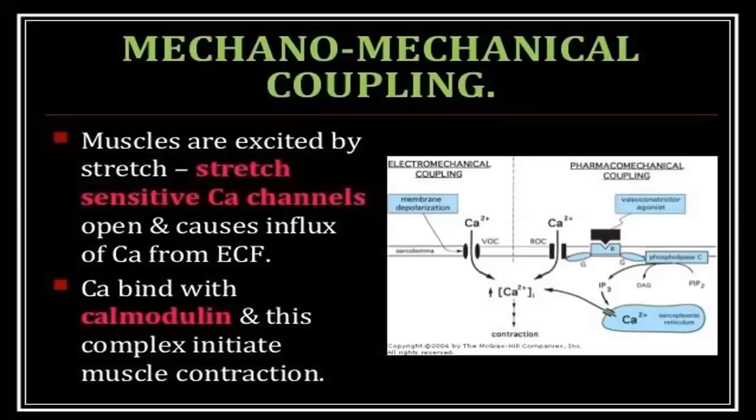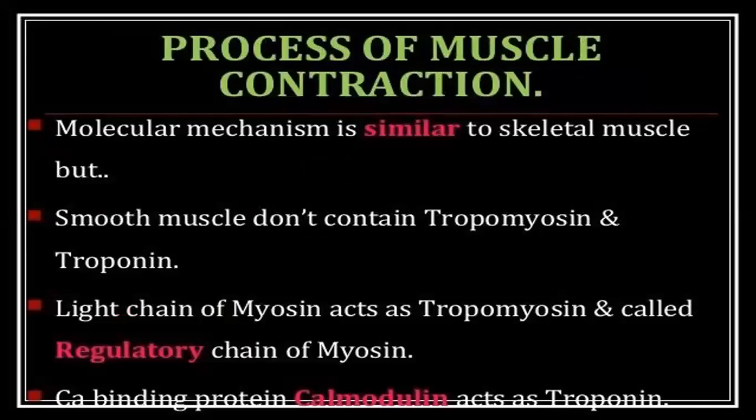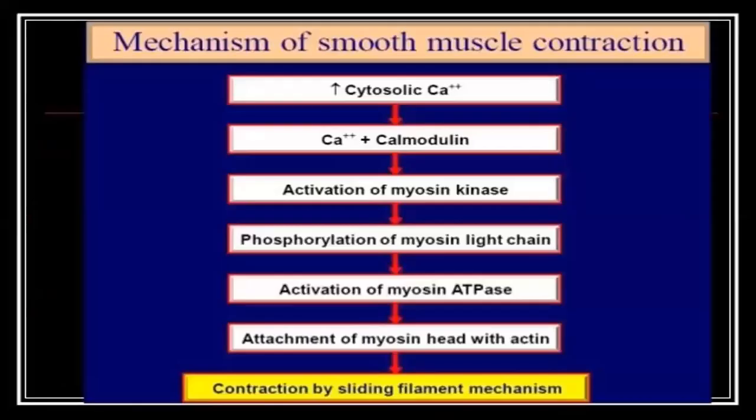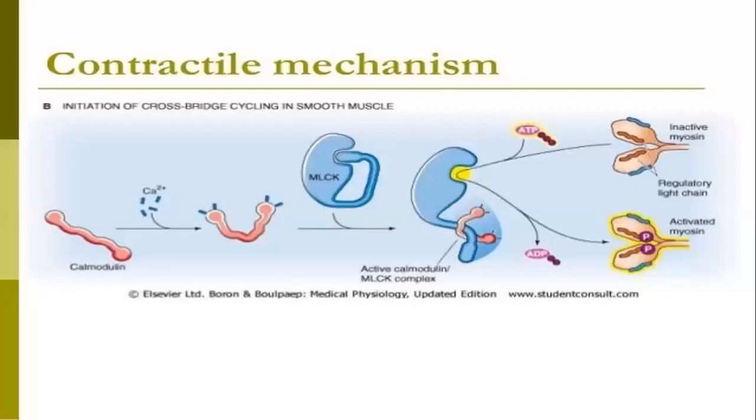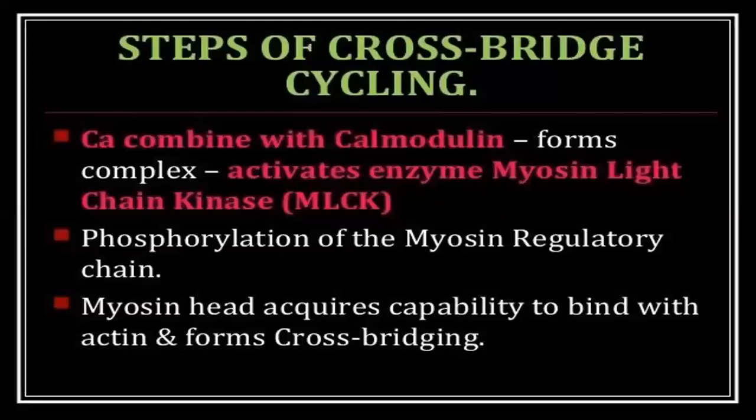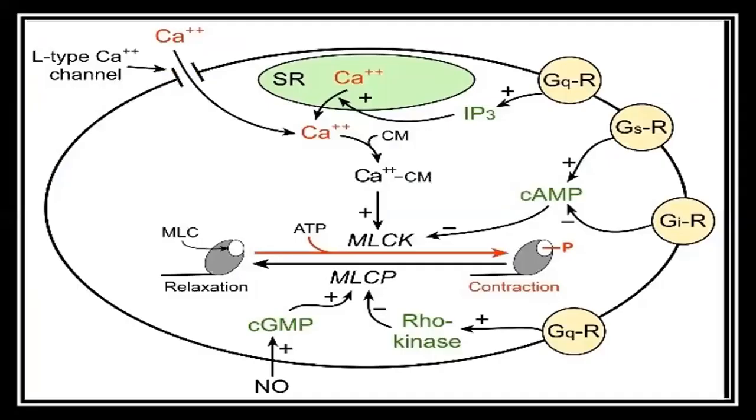There may be electromechanical coupling, pharmacomechanical coupling. So these are the steps of contraction in the smooth muscle. You can see here the myosin light chain kinase: calcium binds with calmodulin, and this now activates the myosin light chain kinase, which helps in the contractile process, which will be followed later on.